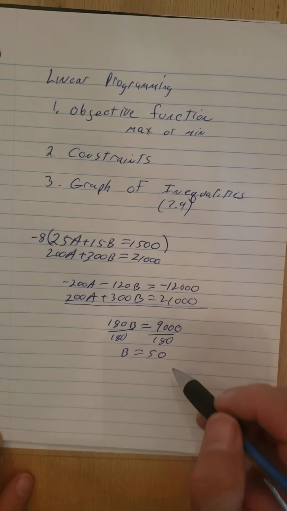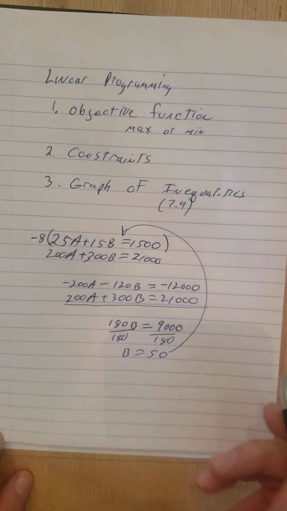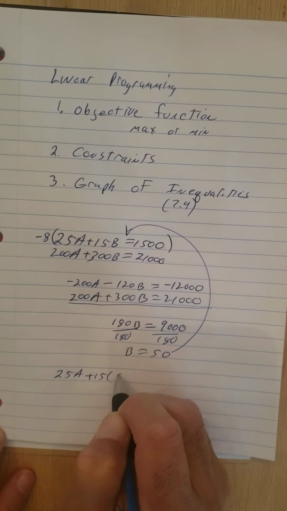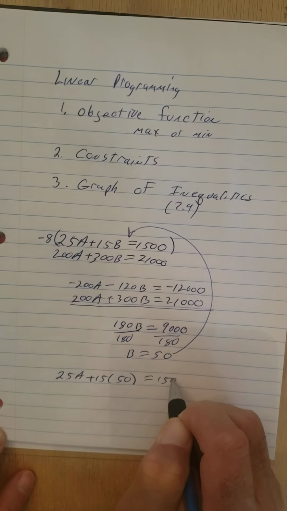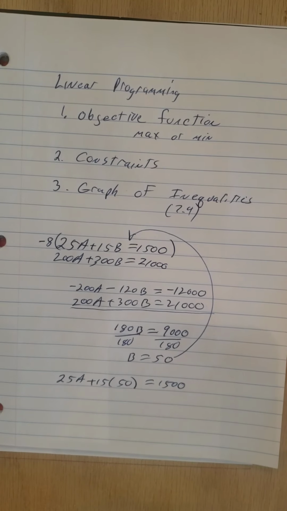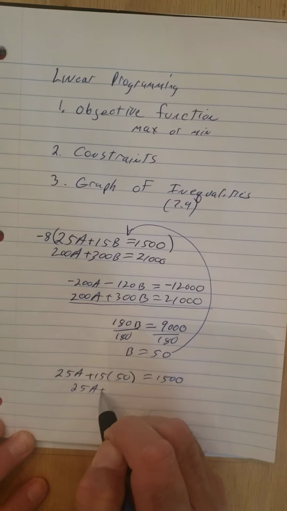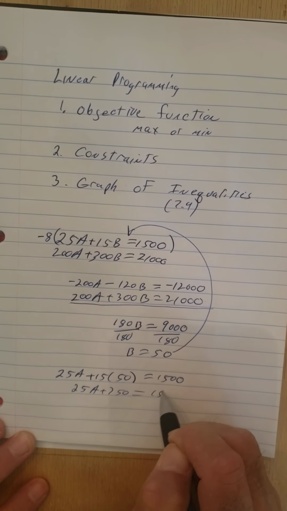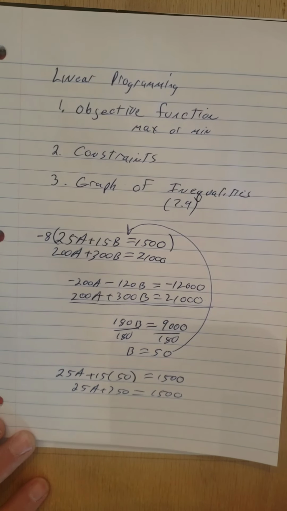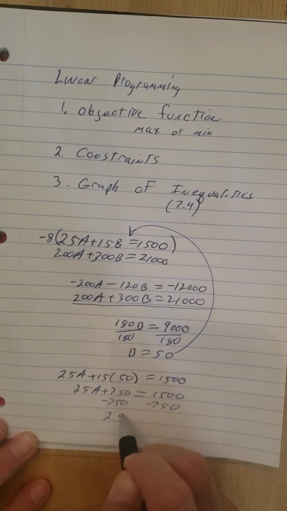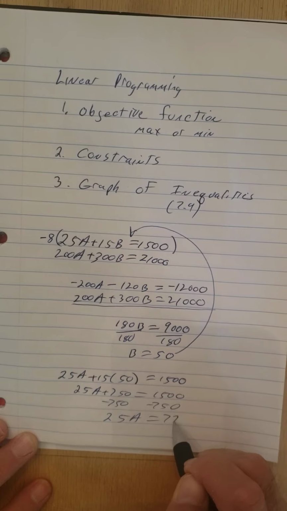So if B is 50, I can plug that back in up here. I'm going to say 25A plus 15 times 50 equals 1,500. 15 times 50 is 750. Subtract 750 from both sides.